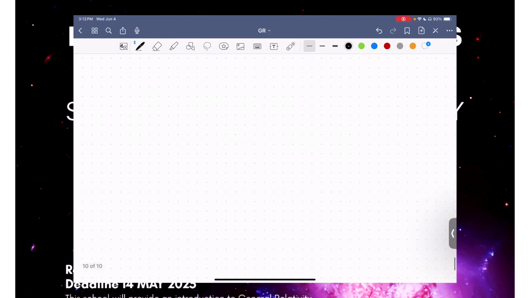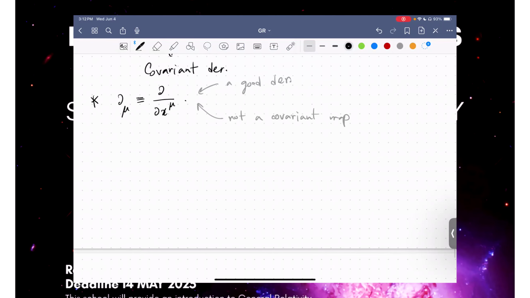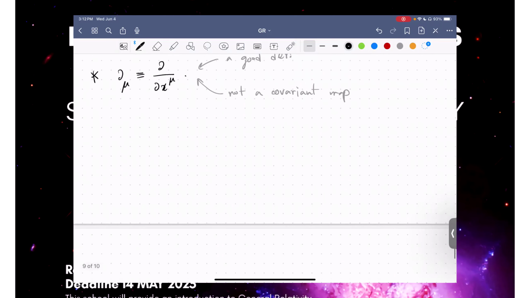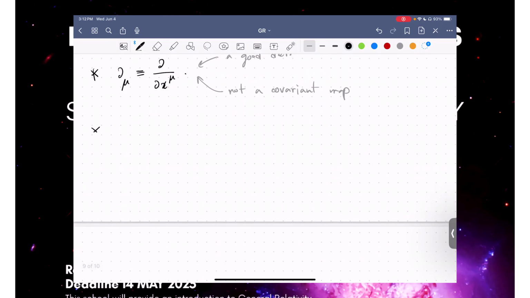We try to fix this problem by postulating some properties that we want our covariant derivatives to have. So what are the properties? The first property is that we want covariance, meaning that this symbol, which we are calling just del, should map (P,Q) tensors to (P, Q+1) tensors.